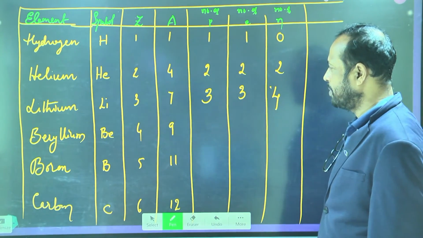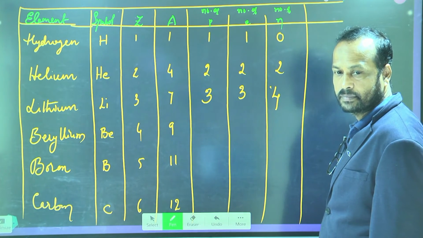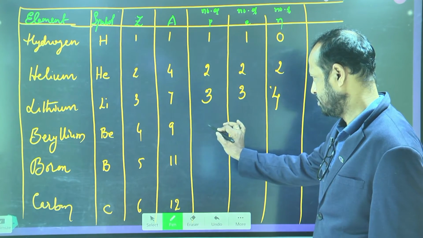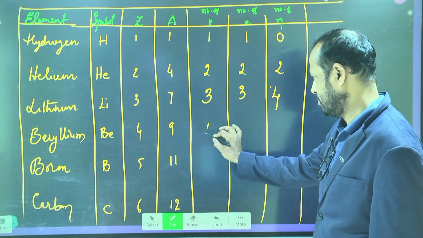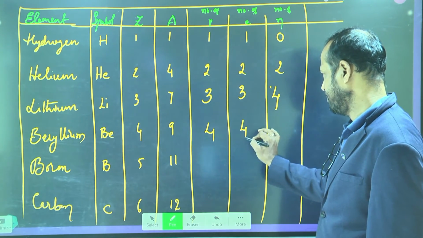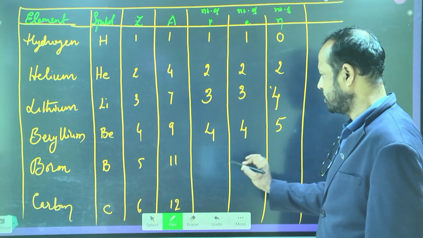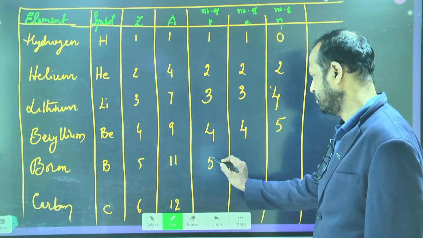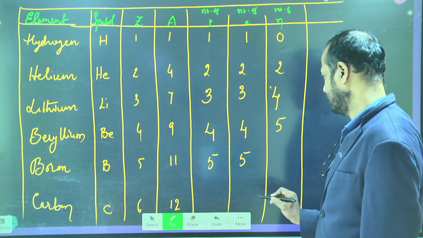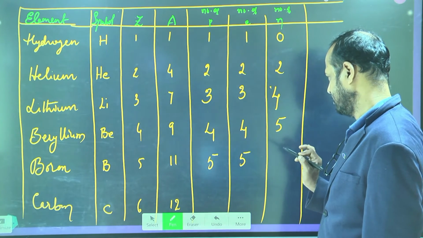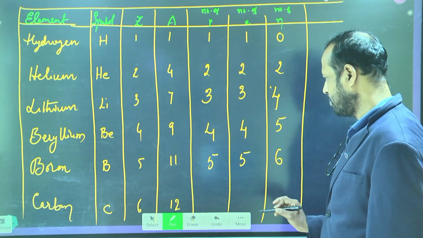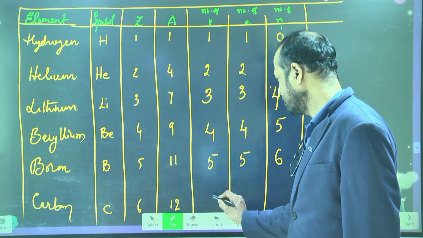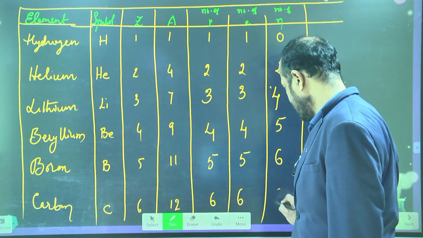Good. Beryllium: electrons and protons 4, neutrons 5. Boron: electrons and protons 5, neutrons 6. Carbon: electrons and protons 6, neutrons also 6.